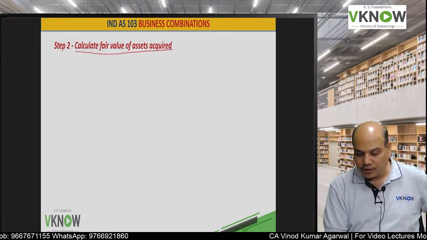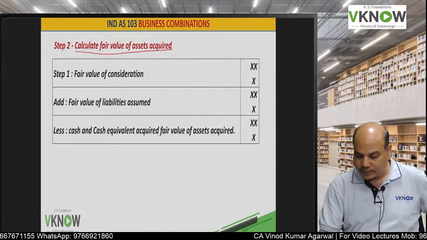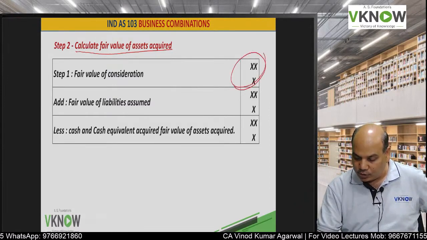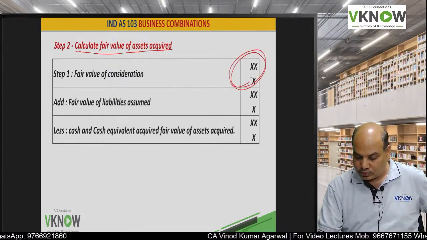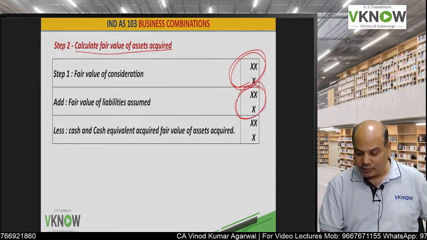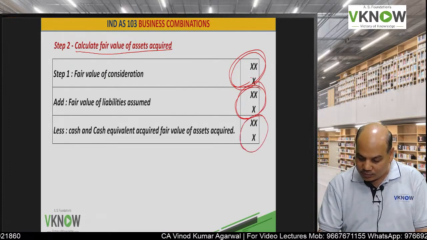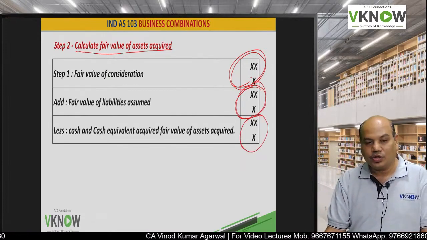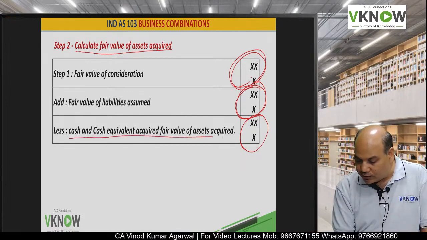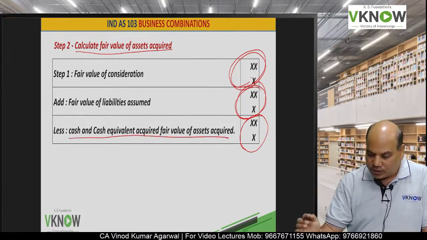Then you calculate the fair value of the asset acquired. The fair value of the asset acquired is equal to the fair value of the consideration plus the fair value of the liabilities minus the cash and cash equivalents acquired. If any cash and cash equivalent is there which you acquired, please deduct it.